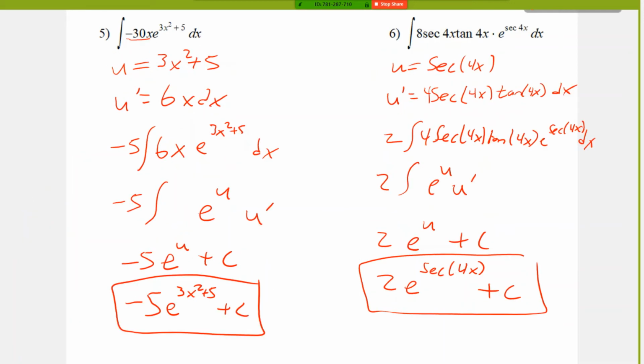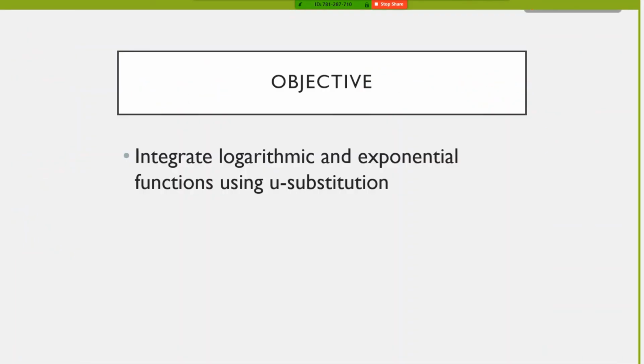I'm going to throw one more on here. If I derive a to the x, I'll get a to the x times the natural log of a. So for instance, if I derive 4 to the x, I would get 4 to the x times the natural log of 4. So if I integrate, I should do the opposite.